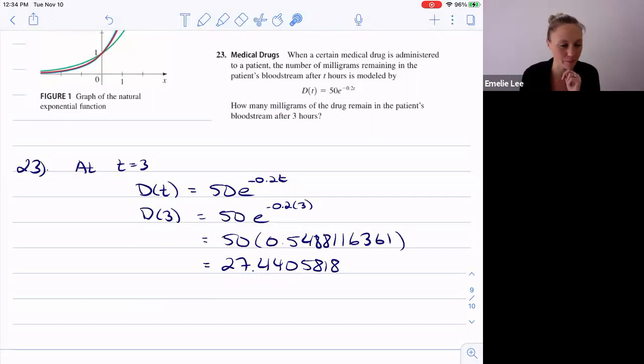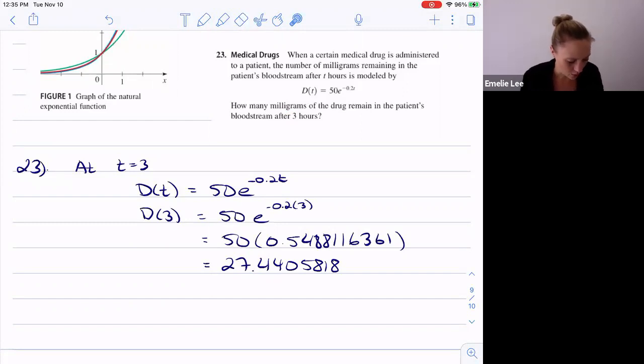And you'll know what I mean, because I'll show you when it's important, right? You can't have half a person, for example. So when we talk about populations, here we can have 0.44 of a milligram, right? So that's allowed. You can't have 0.44 of a person. So that's when we would need to round either up or down, depending on the scenario. Okay.